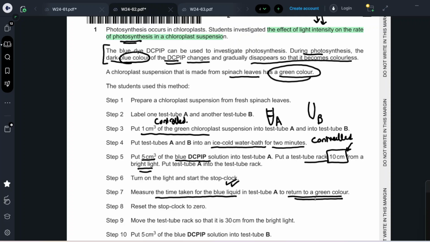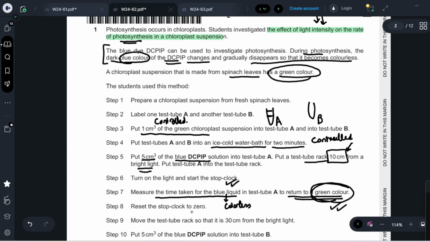Why is it going to return to green? It will be colorless. When it is colorless, the color of the chloroplast suspension will show. So it will be green. Reset the stop clock to 0. Move the test tube rack so it is 30 centimeter from the bright light.